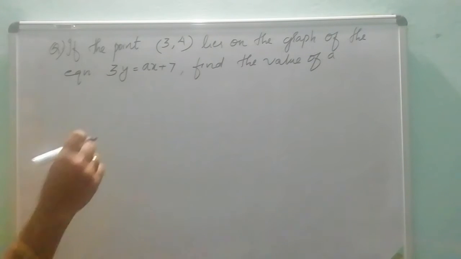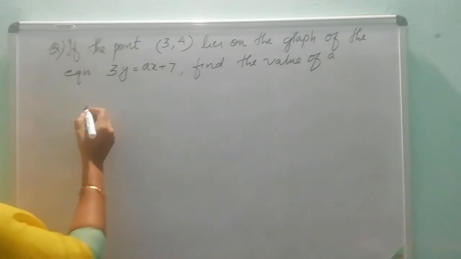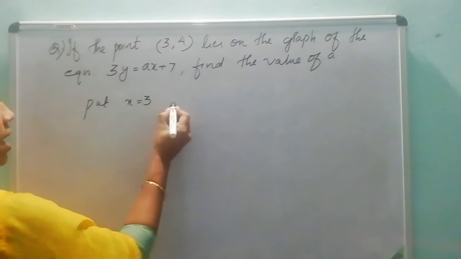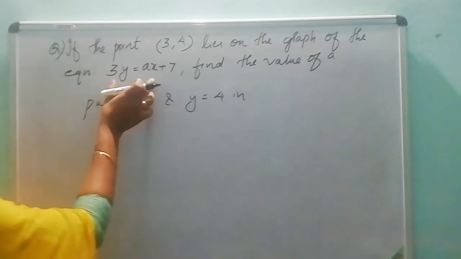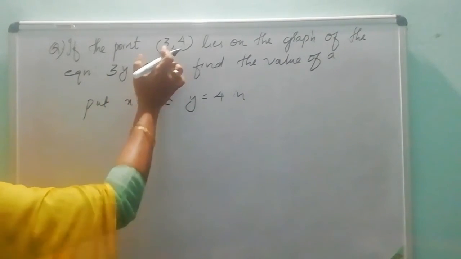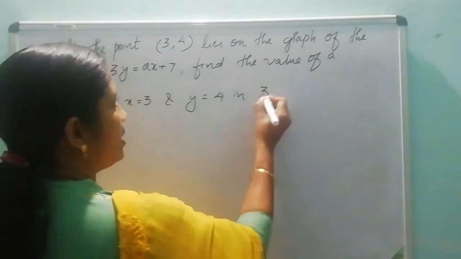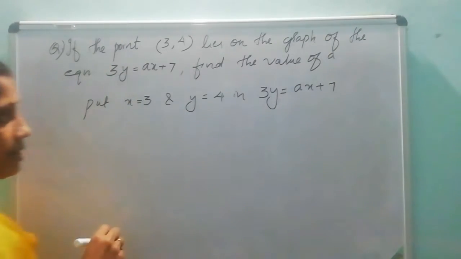So let us look. It is given that 3, 4 is a solution of this equation. So put x is equal to 3 and y is equal to 4 in this linear equation. You have to substitute x is equal to 3 and y is equal to 4 in 3y is equal to ax plus 7. Let us substitute.